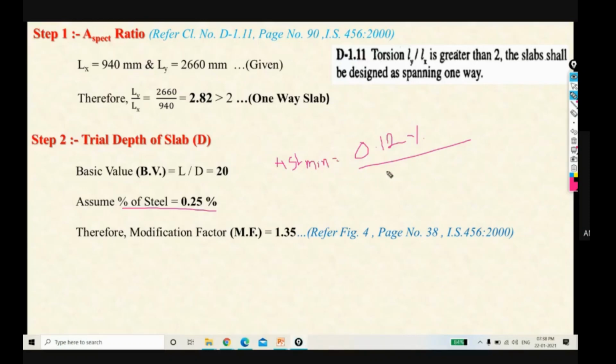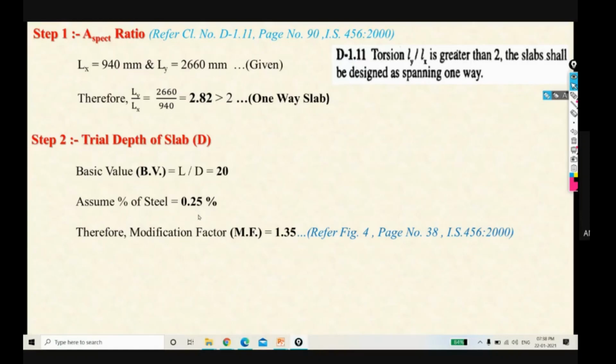If you want to go for 0.12%, you can, no problem. But generally we consider 0.20 to 0.25%. So for these conditions we will consider the percentage of steel as 0.25%.